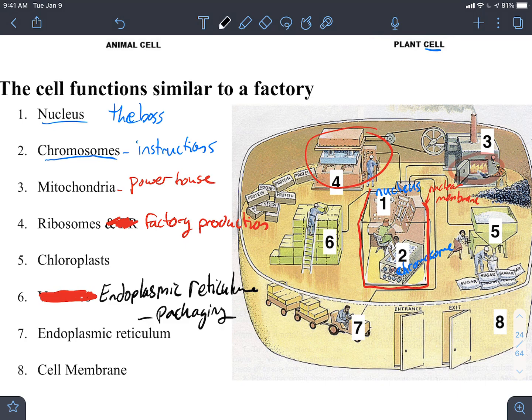So they take the raw protein and they fold it up and make it into nice little packages that can be sent out. And then to distribute it, number 7 here, this is going to be the Golgi apparatus.